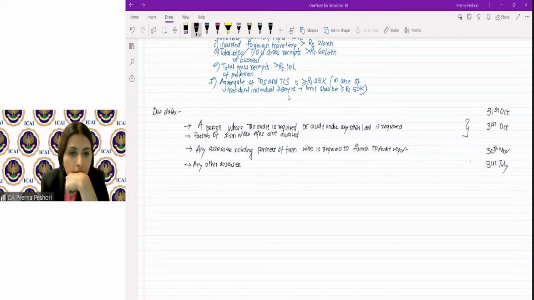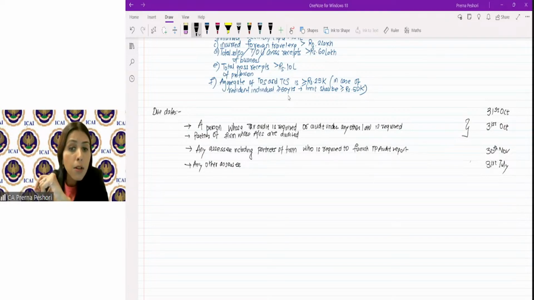Yes, Mansha, yes, Namrata, you were correct. 31st October. For Mansha, partnership firm LLP, you understood it's not 31st October straight away. For a partnership firm or LLP, if the audit is not required, then you are required to file your return of income by 31st July. So it's not a straight answer that it's always going to be 31st October.